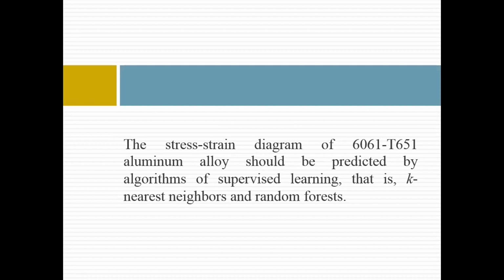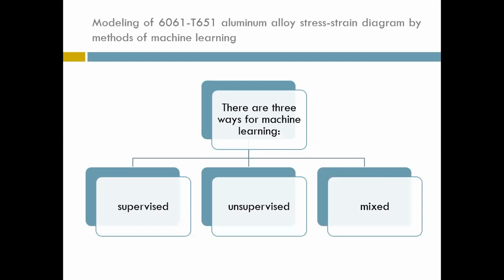The stress-strain diagram of this alloy should be predicted by the methods of supervised learning, that is, K-nearest neighbors and random forest. Here you can see the 3 ways of machine learning: supervised, unsupervised, and mixed. For example, in the first case, the teacher's participation is interpreted as knowledge presented in the form of input-output couples.